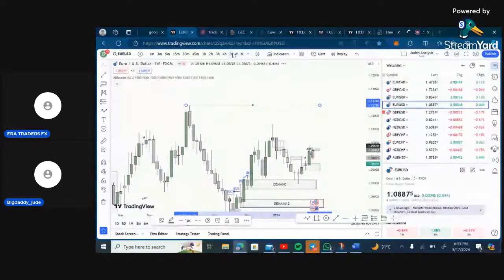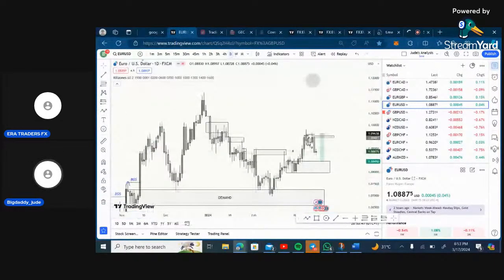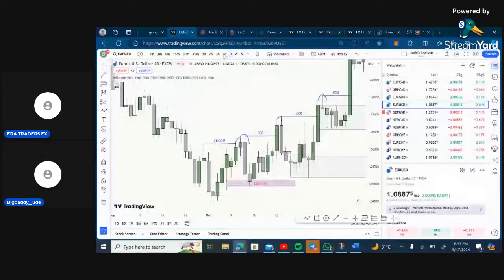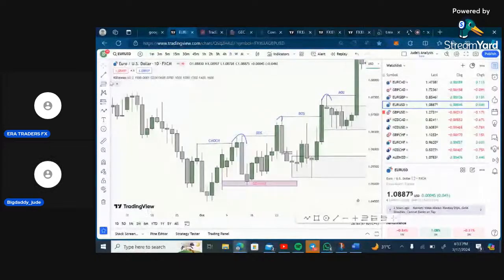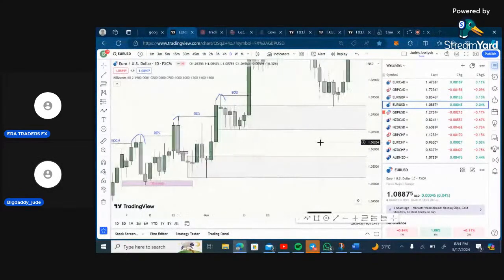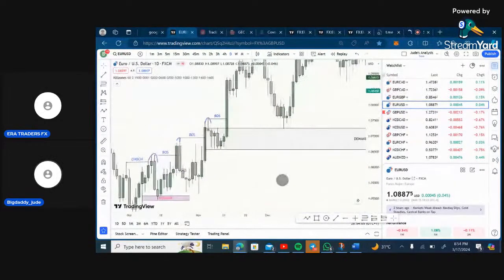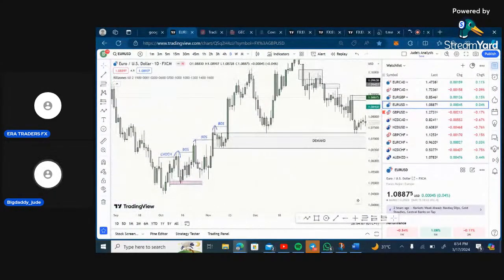Now, after a sweep of that liquidity and a reversal around here, you want to capitalize on this reversal pattern. So you saw a change of character here, a nice demand, sweep of liquidity also taps into a demand, and it continuously kept breaking structure to the upside.